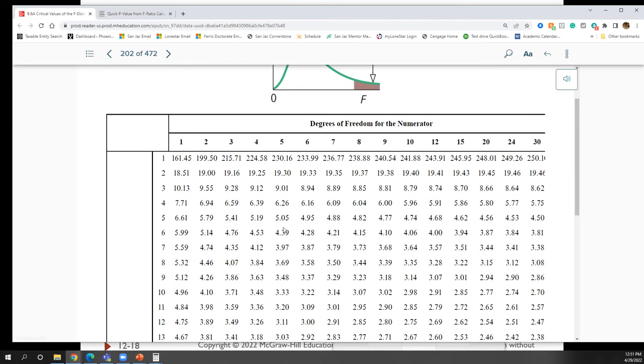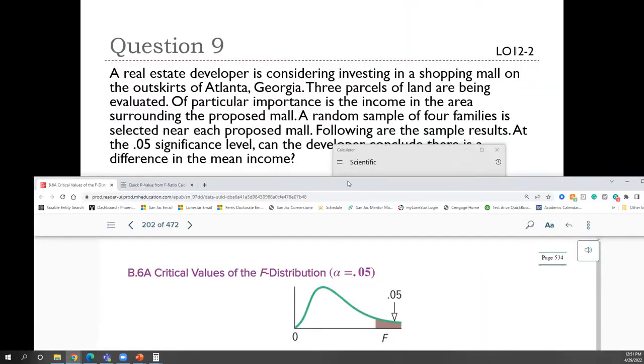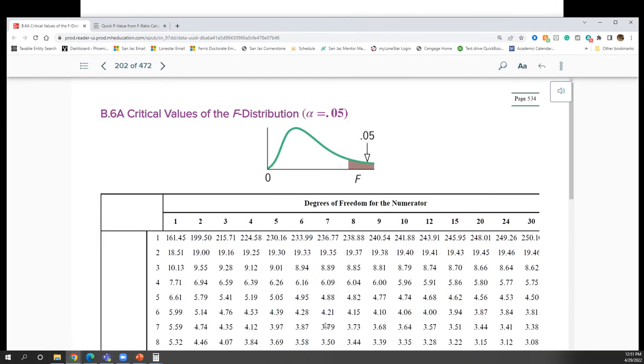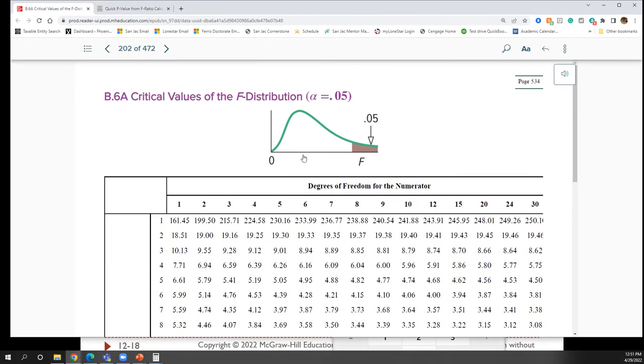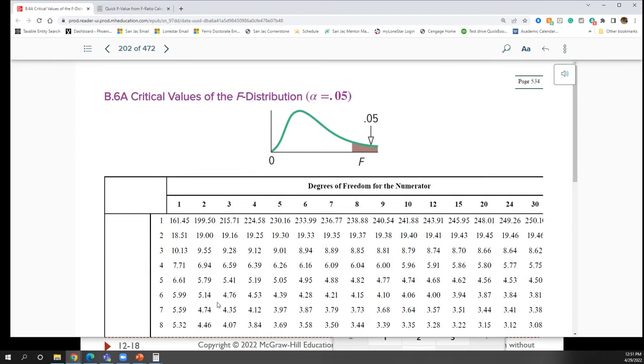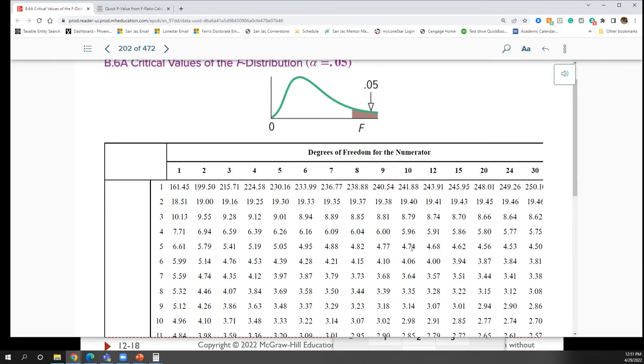So, using the 0.05, it's always fun. Okay, we know the numerator was 2. Find 9. And this one is actually on here, so not the 11. Then we come out to 4.26. So we're going to reject the null if our F value, when we figure it out, is greater than 4.26.